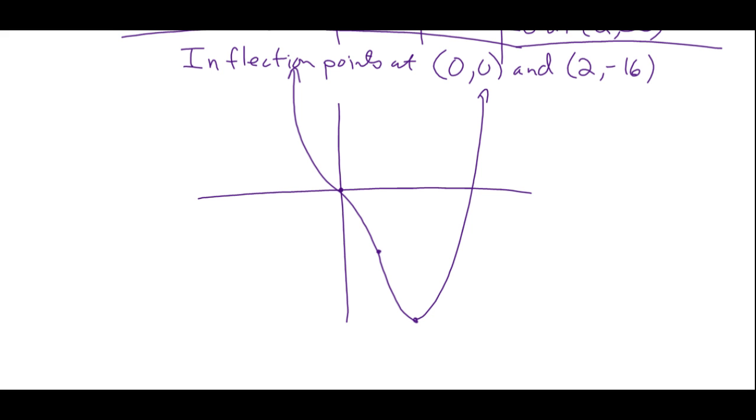So that's 0, 0. This is 2, negative 16. That's 3, negative 27. Okay, so we use the local minimum at 3, negative 27, the 2 inflection points, the concavity, right?